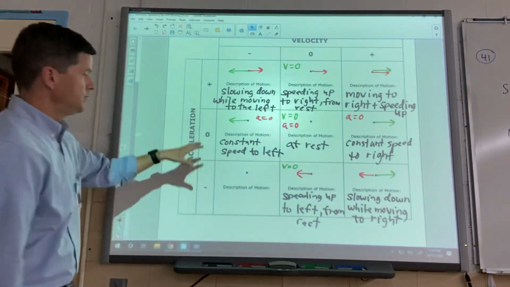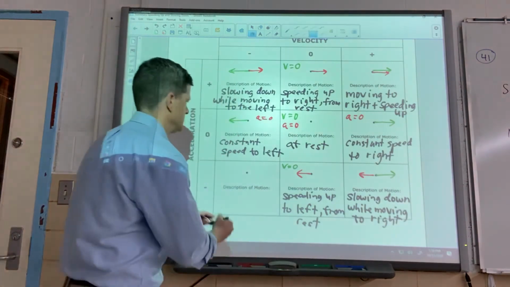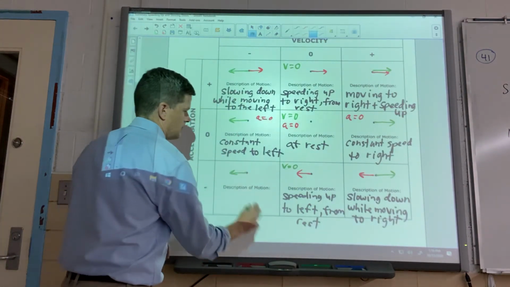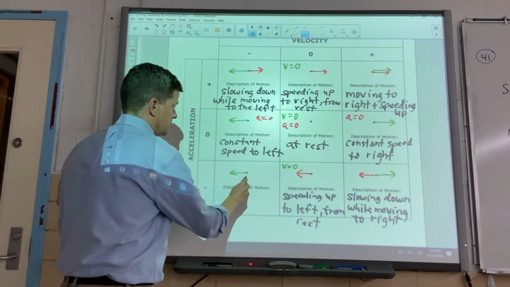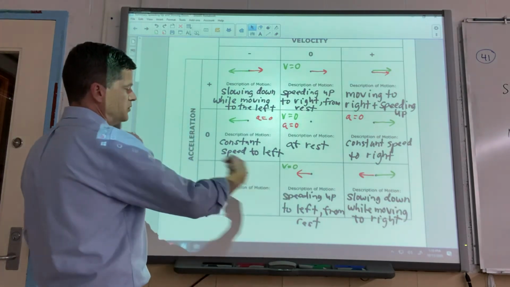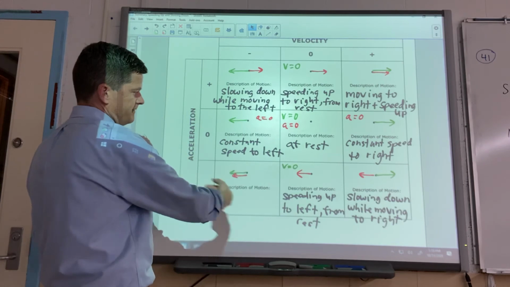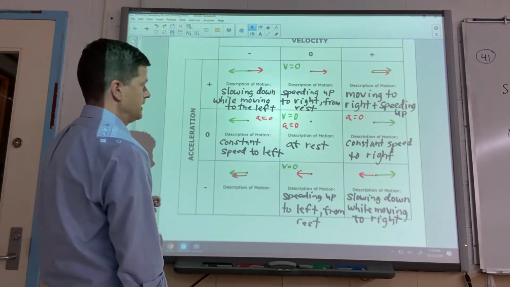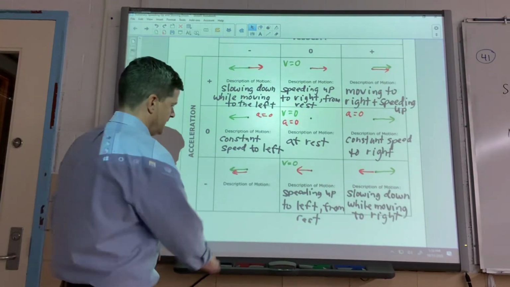And then finally, we've got negative velocity to the left, negative acceleration to the left. So this object's going to be moving to the left and accelerating to the left. That means it's going to be speeding up. So moving to the left and speeding up.